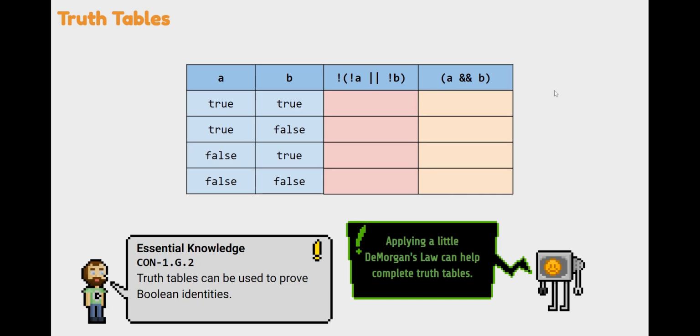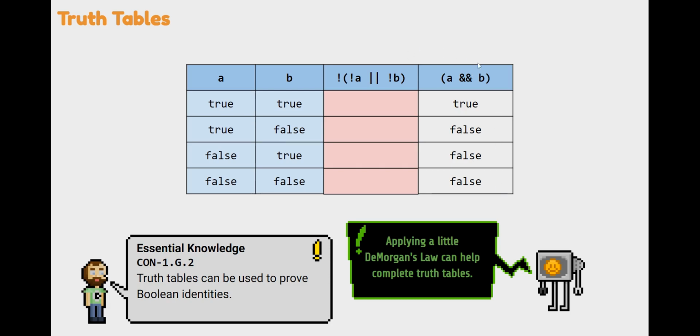So by applying just a little bit of De Morgan's law, it can help you complete these truth tables because this column is really easy to complete. In fact, we already completed it. We know that the only way this evaluates to true is when both A and B are true. Otherwise, it evaluates out to false.